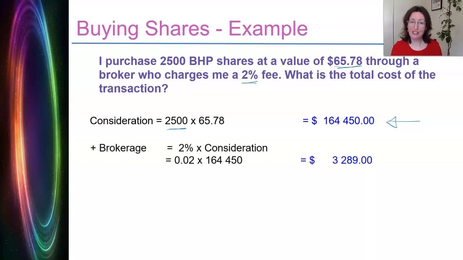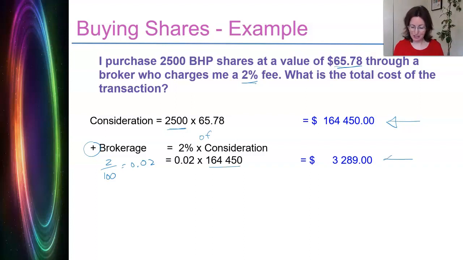What's the brokerage fee that we're going to add on? Noticing the plus. It's 2% of the consideration. Remembering that 'of' is a multiply. 2% as a decimal. Remember, we divide that by 100 to get to the decimal number. So it's 0.02 of the consideration number.